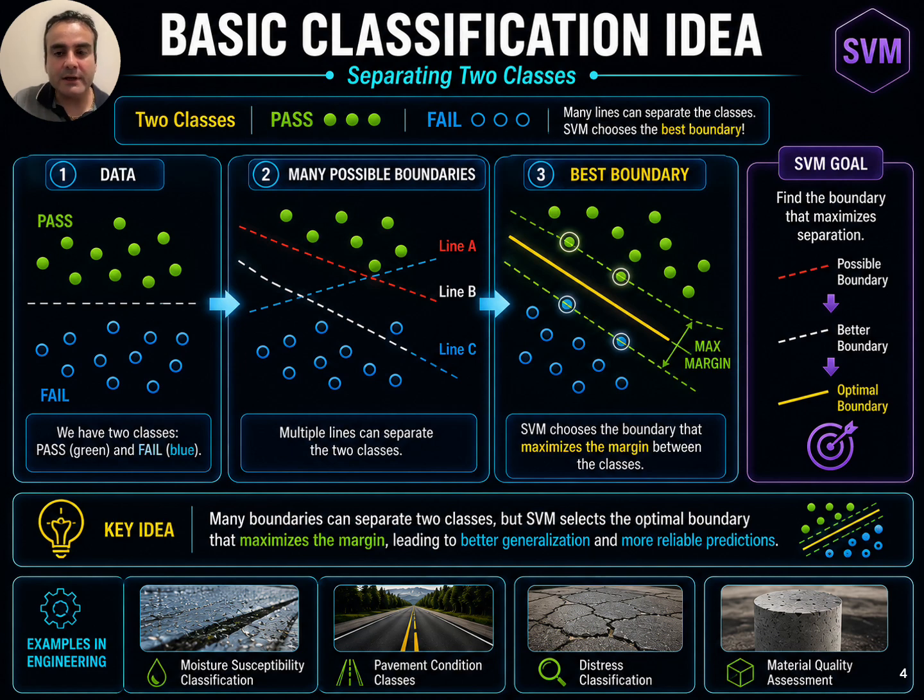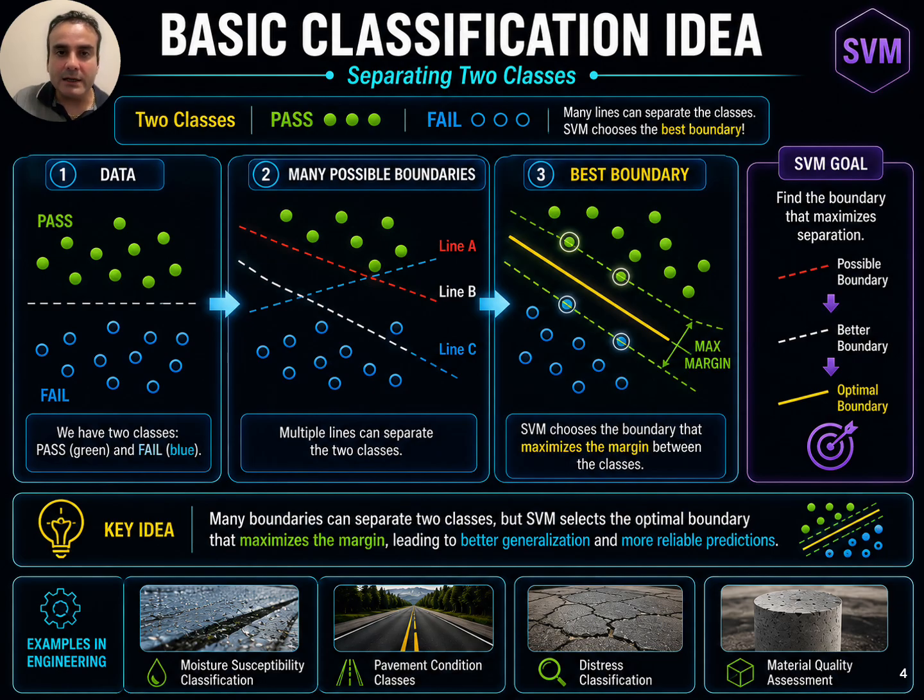To understand SVM, we first need to understand classification. In this example, the data consists of two classes, pass and fail. The middle panel shows that many different lines can separate the two classes. However, not all boundaries are equally effective. Some boundaries are located very close to one class and may perform poorly when a new data record is introduced.